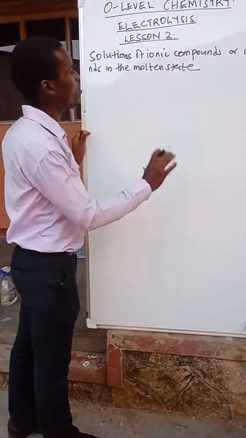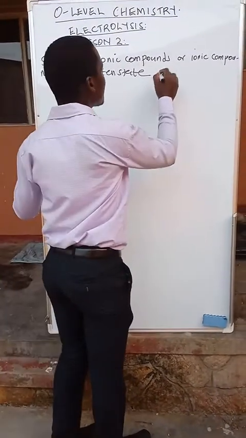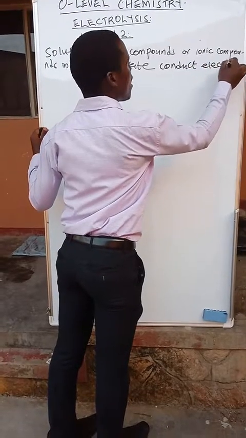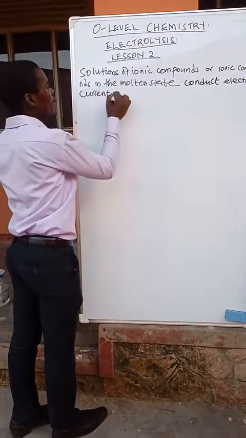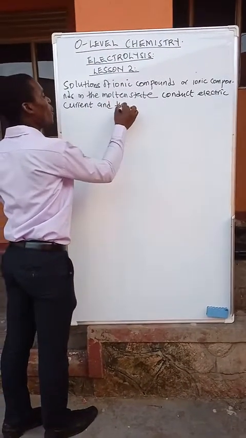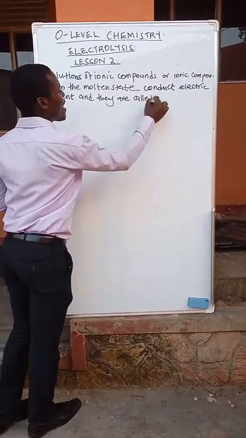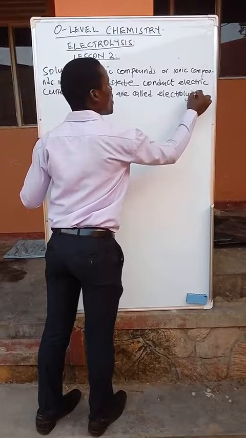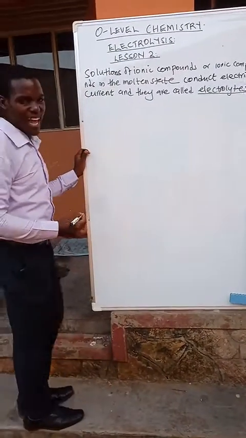So solutions of ionic compounds or ionic compounds in the molten state conduct electric current, and they are called electrolytes. That is very, very important.